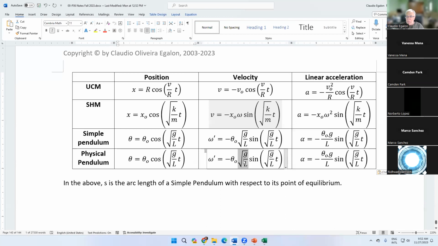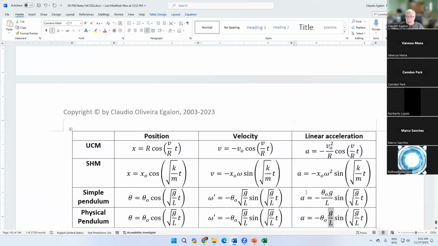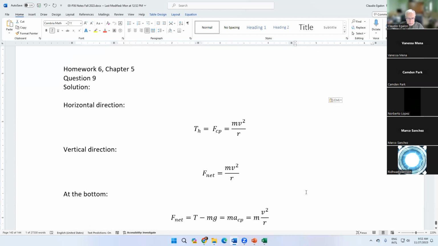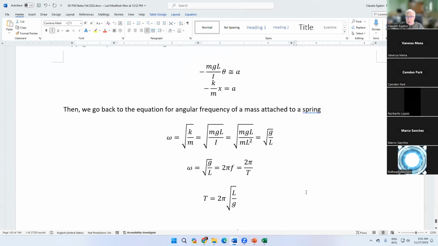One, two, and three. And by the way, we have a G over L here as well. If we go back, the equation is right in here.